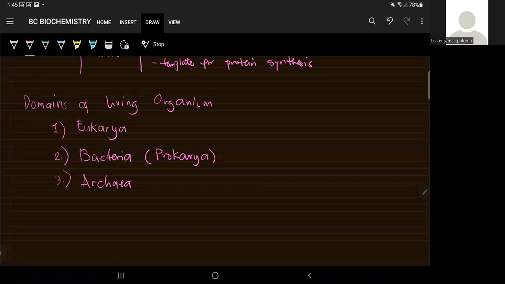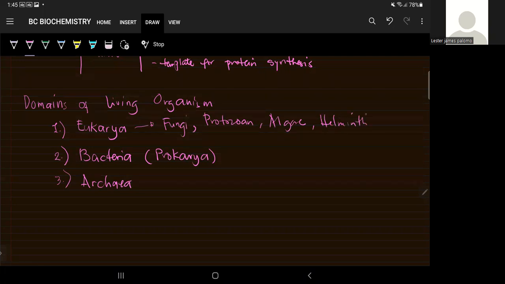Under this, of course, eukaryotic organisms include those of fungi, okay, protozoans, di ba? And then we have your algae, and then we have your helminths.